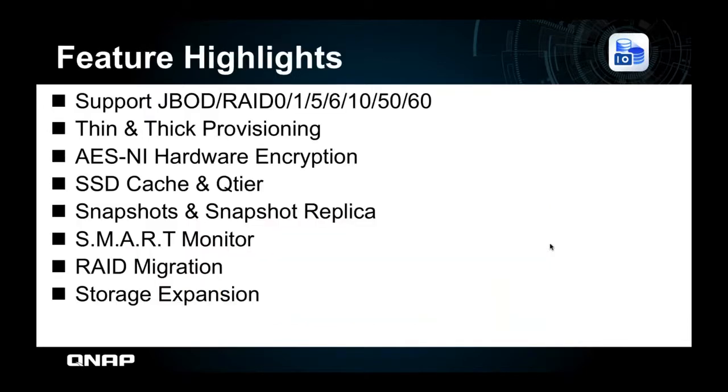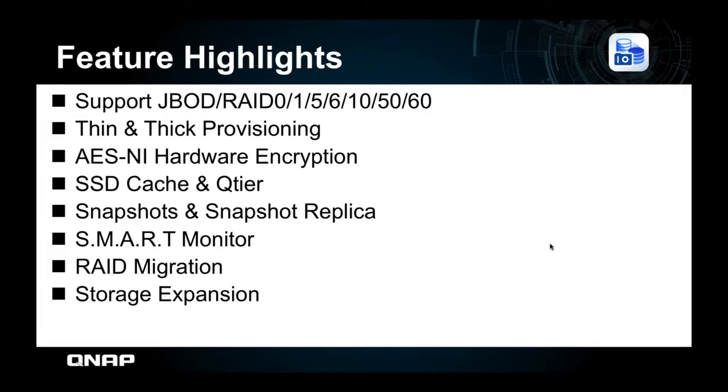Some of the feature highlights of our storage management software: you can choose JBOD, or you could choose RAID 0, RAID 1, 5, 6, 10, or even 50 and 60. We support thin or thick provisioning when you set up your volumes or LUNs. We support AES-NI hardware encryption.